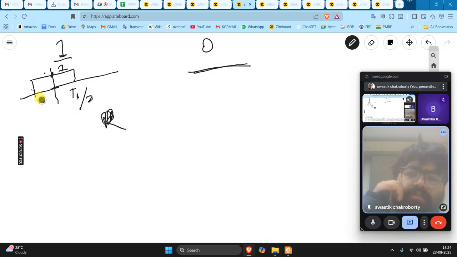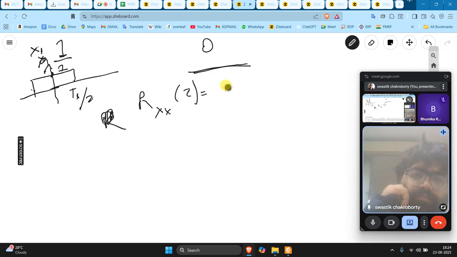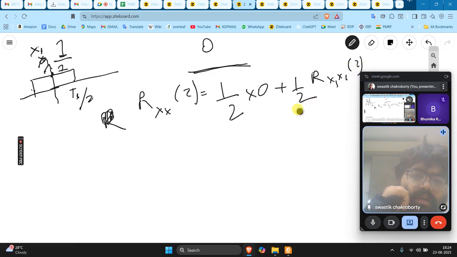If this is x1, only this pulse, then Rxx(tau) will be half from the autocorrelation of 0, which is 0, and half from the autocorrelation of x1. Whatever the autocorrelation of x1 is, the autocorrelation of x is just half of that.